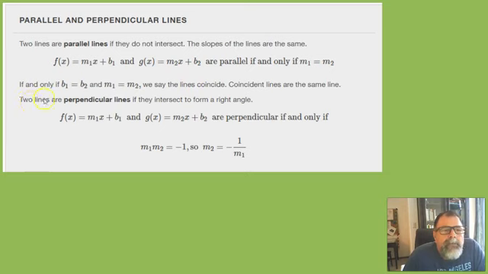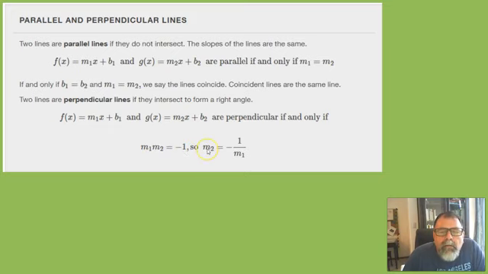Two lines are perpendicular if they intersect to form a right angle. So if we have the two equations, they're perpendicular if and only if m1 times m2 equals -1. Now here's the test. If you multiply negative reciprocals together, you get -1.